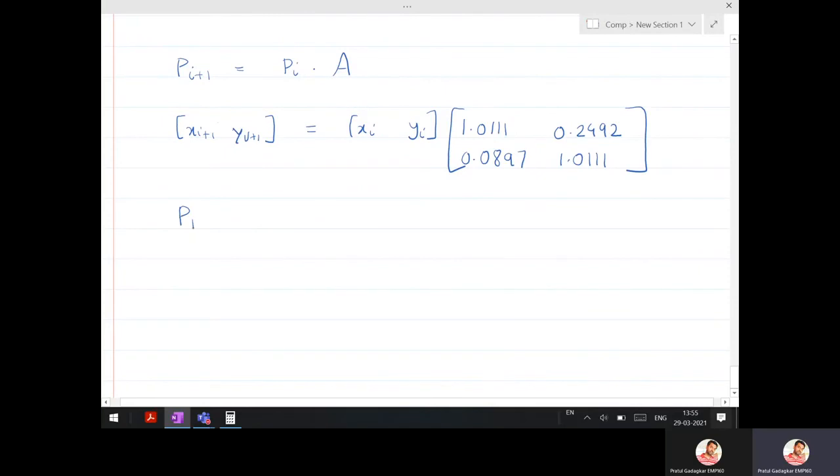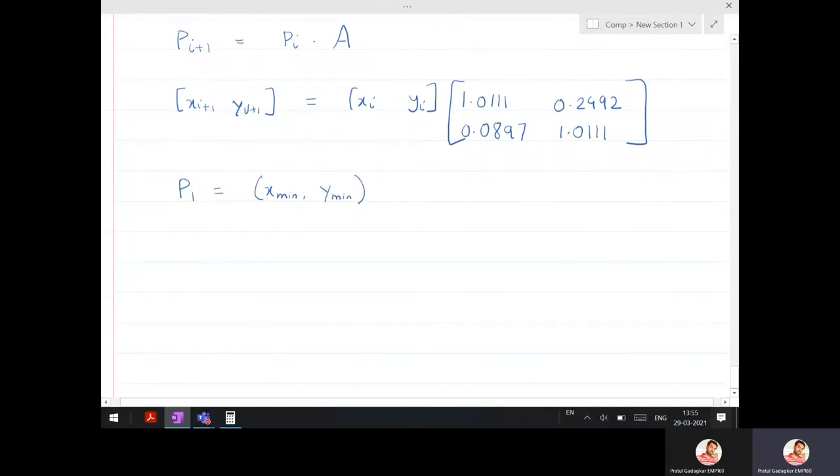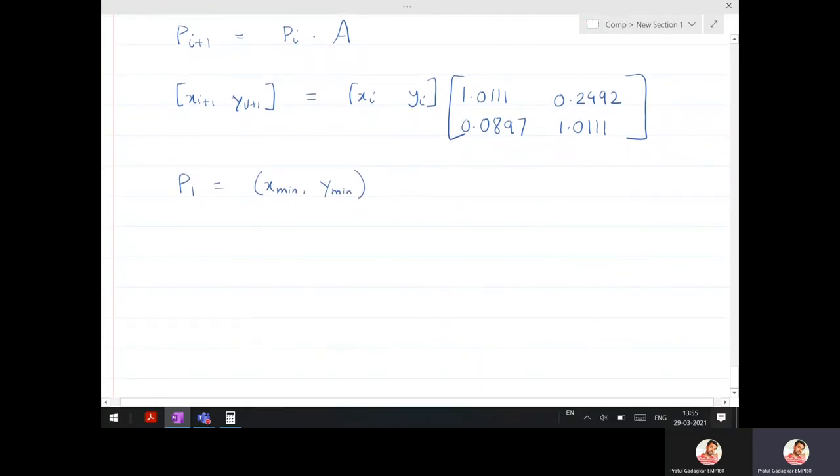What is the first point that I should consider? The first point is x-min and y-min always, right? The values of y are given to us. So what is x-min equal to? X-min is nothing but a cos hyperbolic theta min, and y-min is given to us. Y is given in the range of 3 to 6. So y-min is 3, and this is equal to 3 cos hyperbolic theta min.